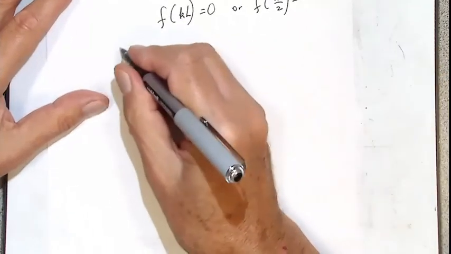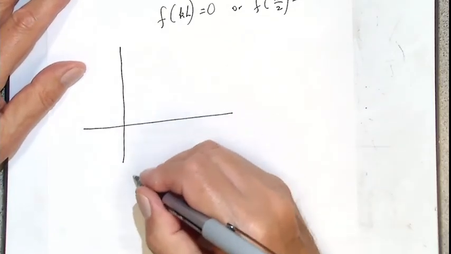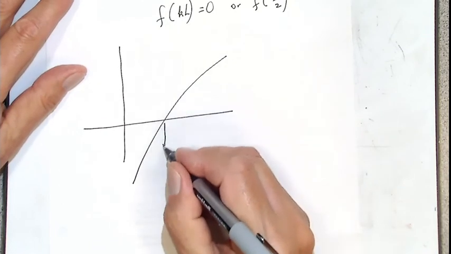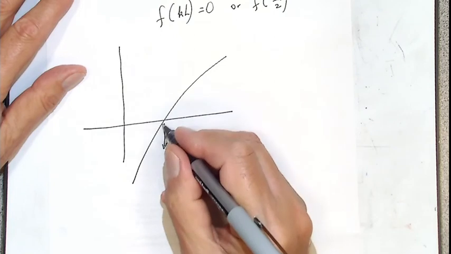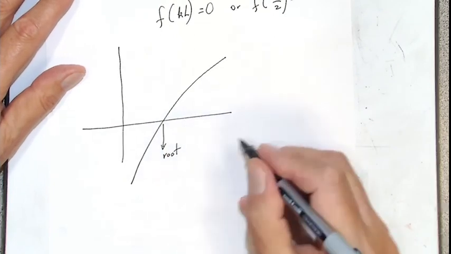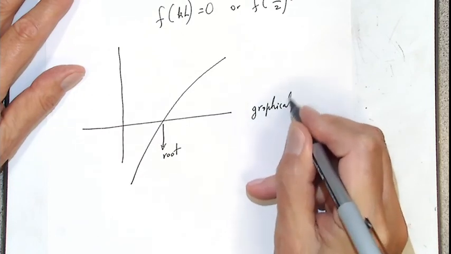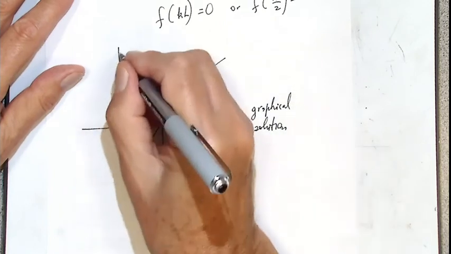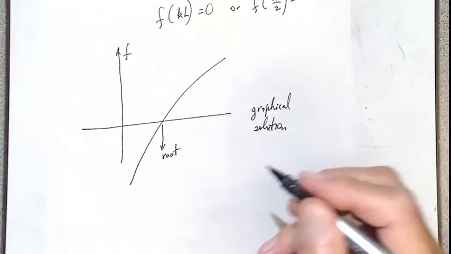And then you have to depict this function. Okay? That will be the root, where it intersects zero. That is a graphical solution. That is F, that is KL or KL over 2.